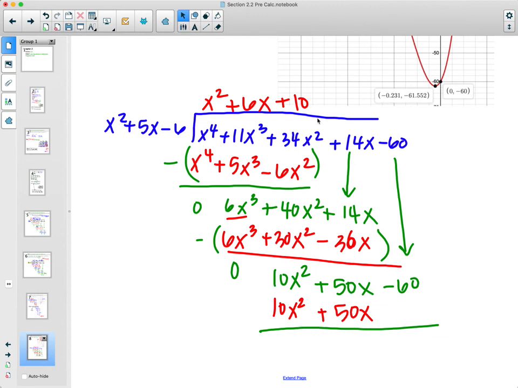Okay, so then 10 times negative 6 gives me that negative 60 here, so that when I subtract, these are identical. So I get 0, 0, 0, so no remainder.